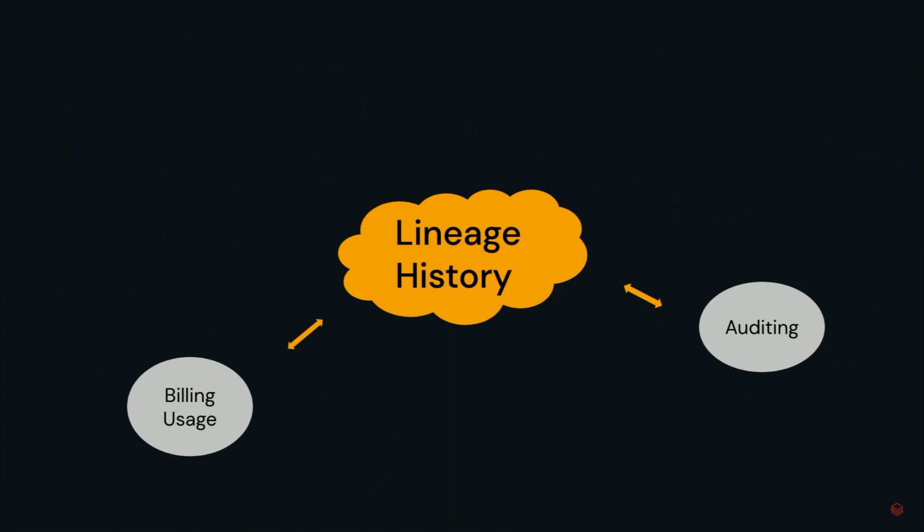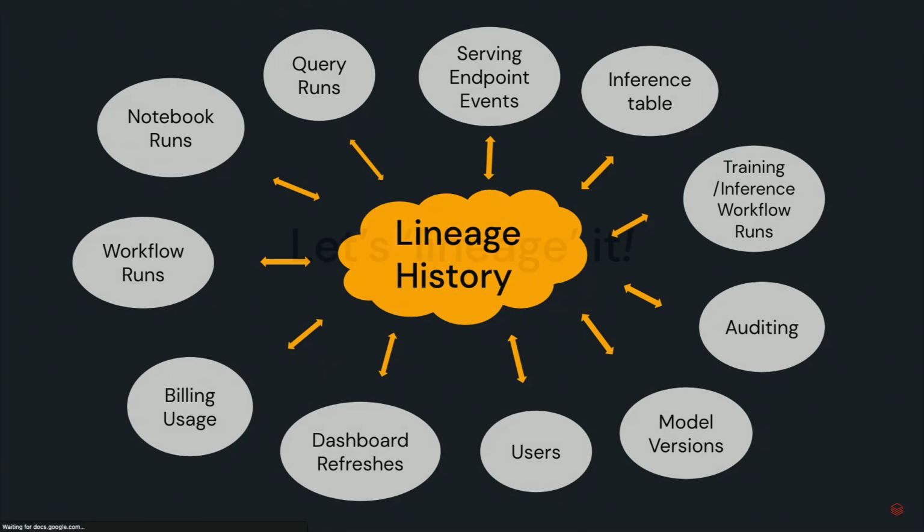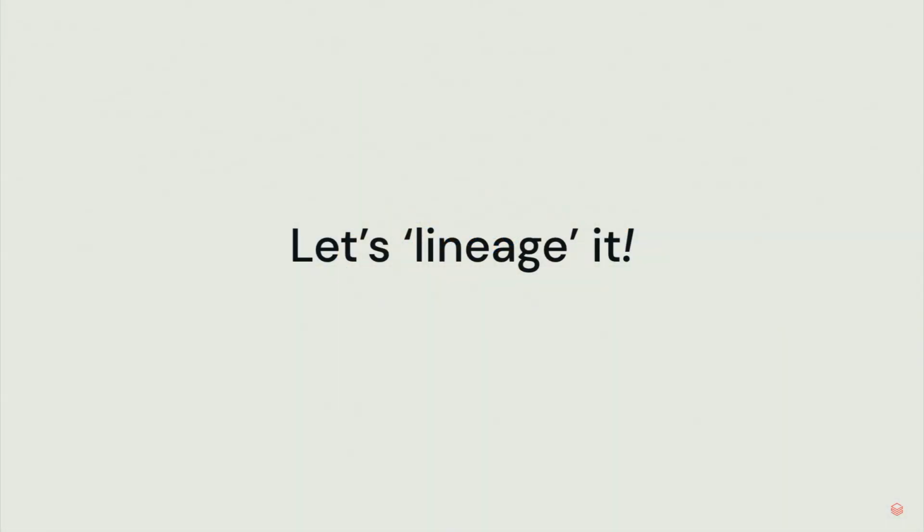Right now, we just demonstrated several use cases using the public preview system tables, lineage and billing. But we just scratch the full potential of lineage. Once we onboard more system tables, the potential is huge. Let's lineage it, and many more use cases are waiting for you to discover.